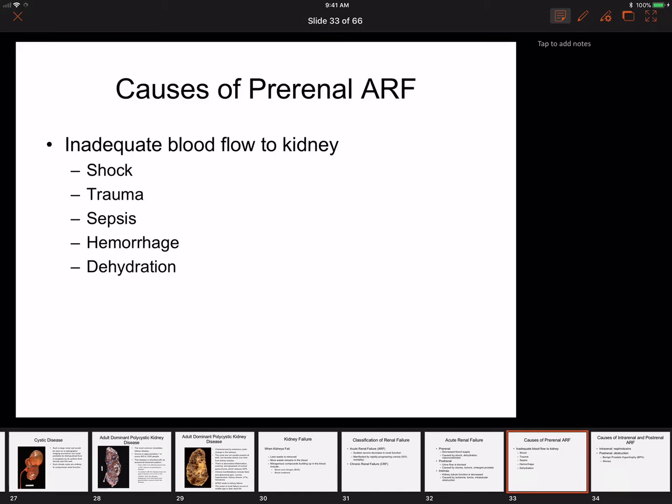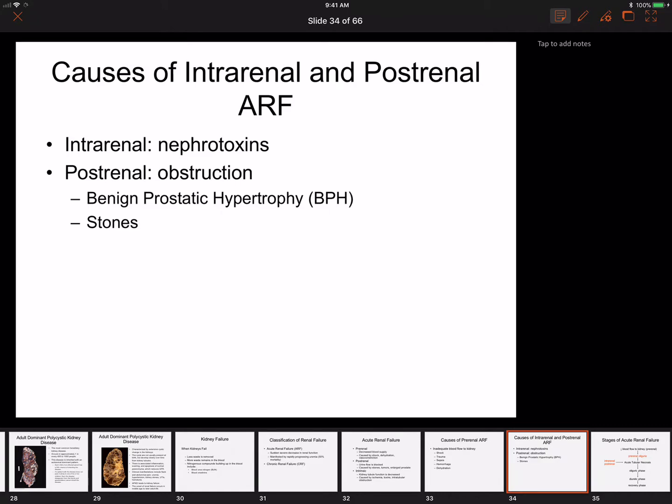So pre-renal causes would include shock, hemorrhage, dehydration, those go together, and then trauma or sepsis, severe infection. Intrarenal could be nephrotoxins. One notable example is antifreeze.